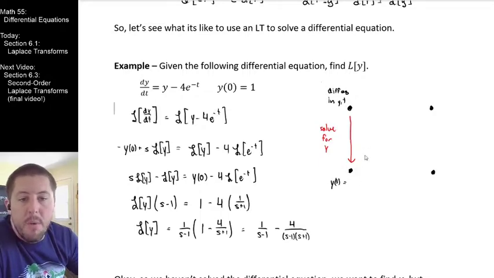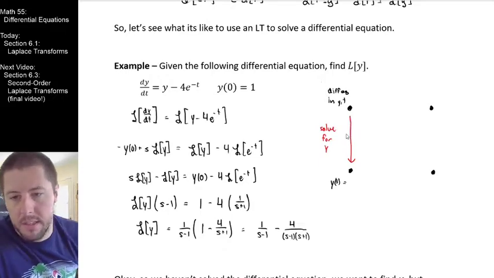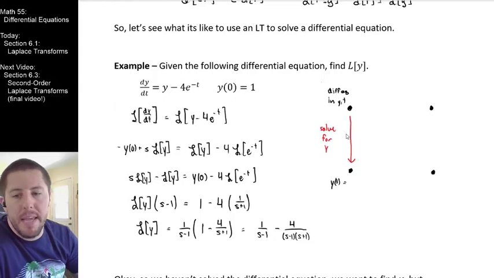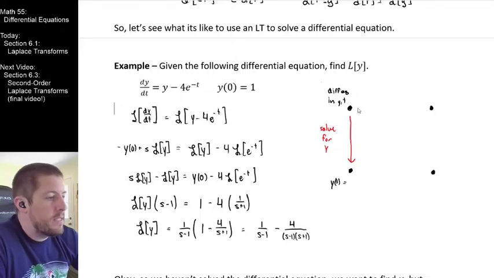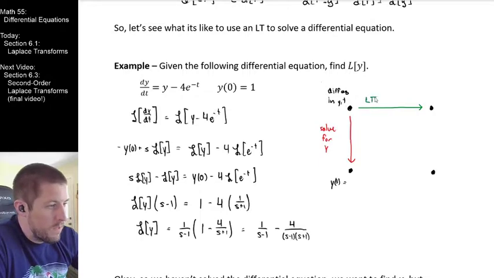But the problem is that very often, I wrote this in red because often, we can't just do the calculus to solve a differential equation. There are so many calculus hangups that we end up hitting. So instead, what we're doing now in this case right here is we're saying, okay, let's take the Laplace transform of the differential equation.